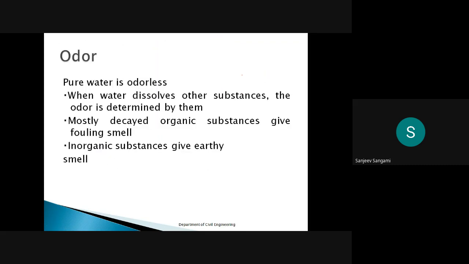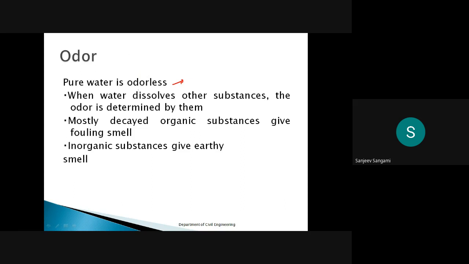Then odor. If you are talking about pure water, it should be free from any odor.